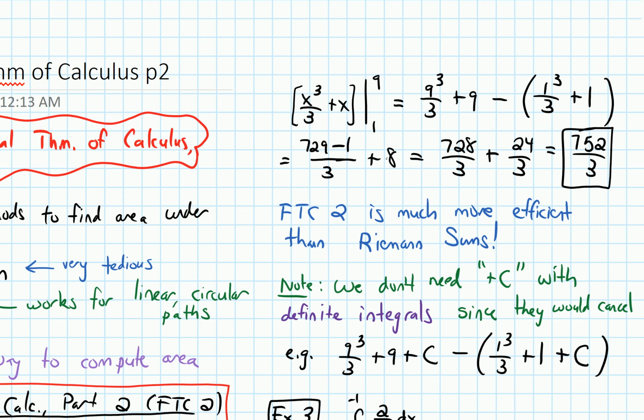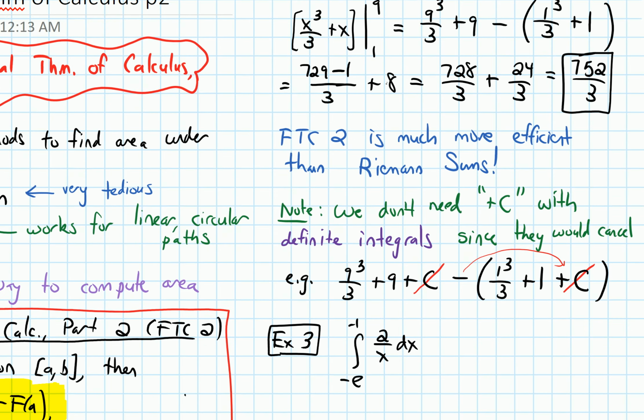But when we subtract these, this minus would distribute to that c over there, and then this c would cancel with this minus c. So we'd end up with the same thing. So for a definite integral, we don't need to write that plus c. For an indefinite integral, we need to write it, because an indefinite integral means general antiderivative.